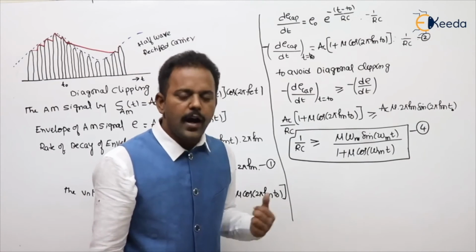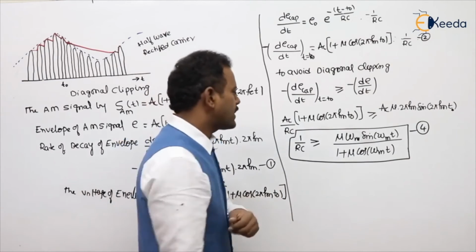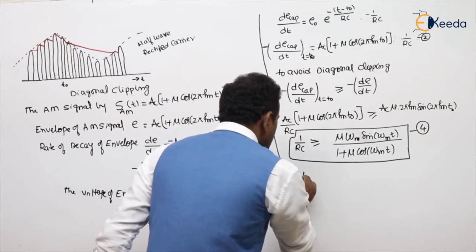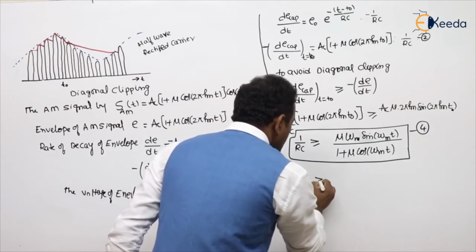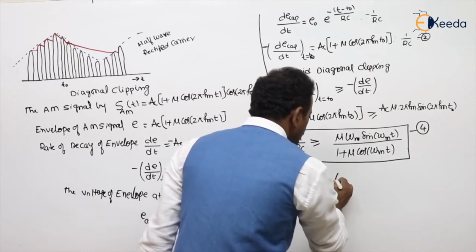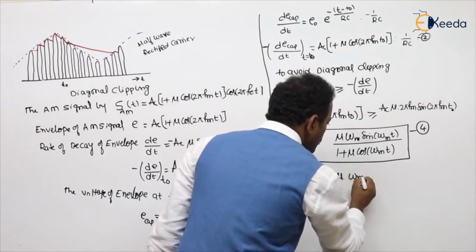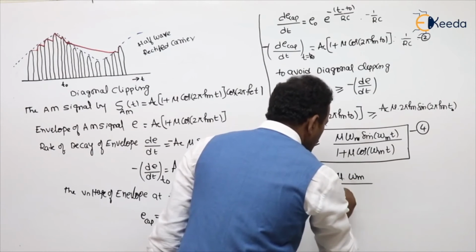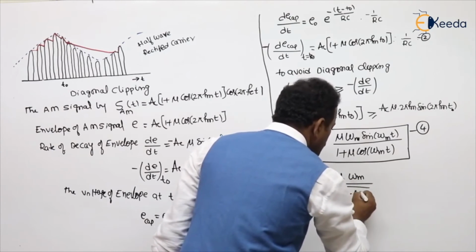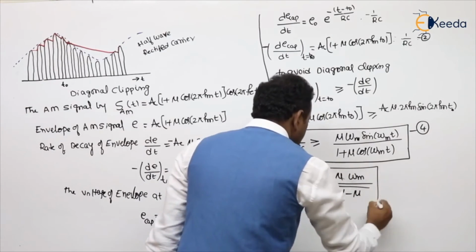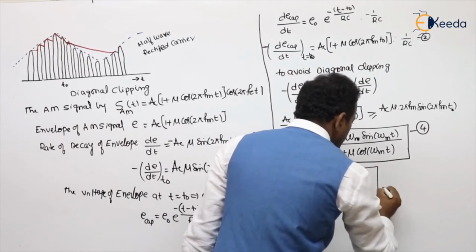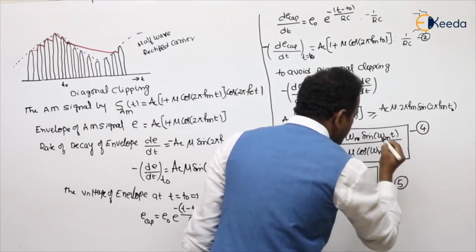After substituting, the maximum value you will get, students, is 1 by RC greater than or equal to omega m into mu divided by root of 1 minus mu square. This is another condition to avoid diagonal clipping.